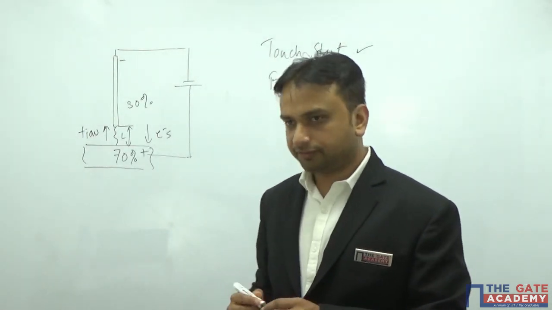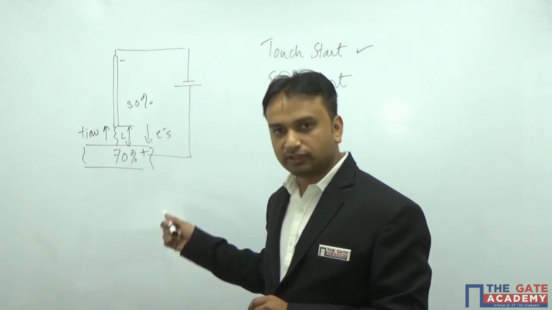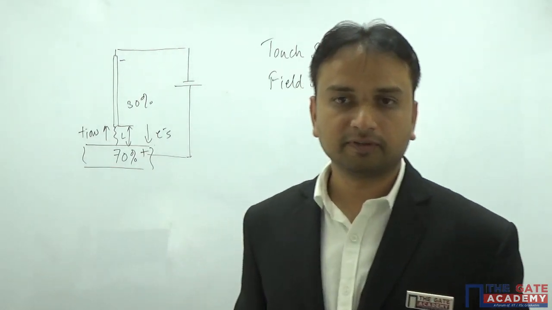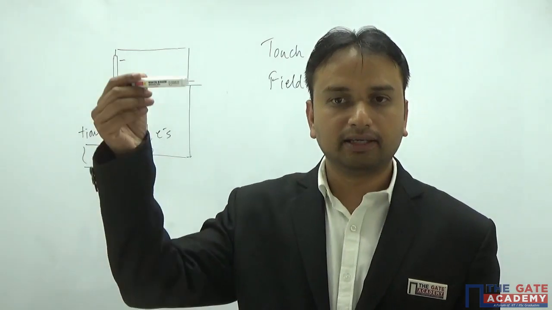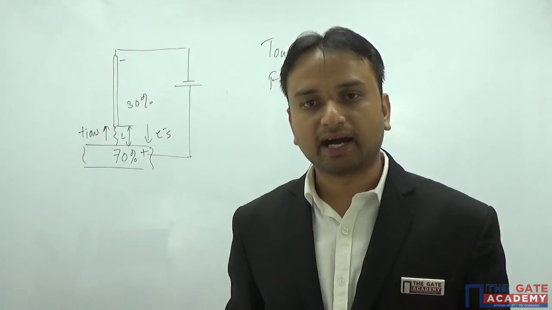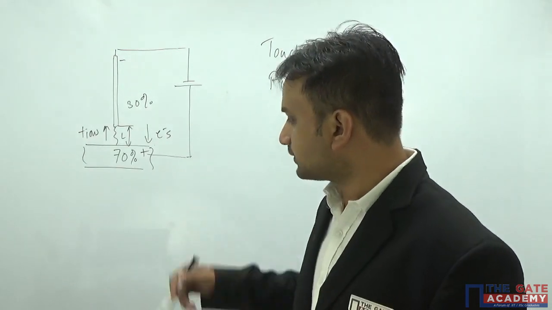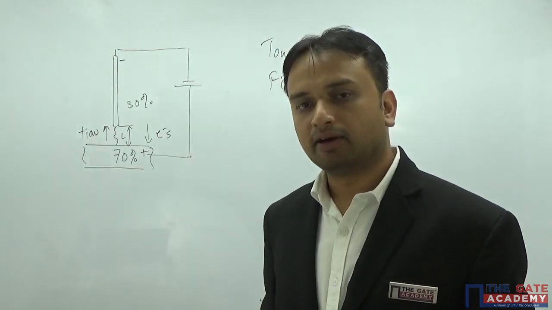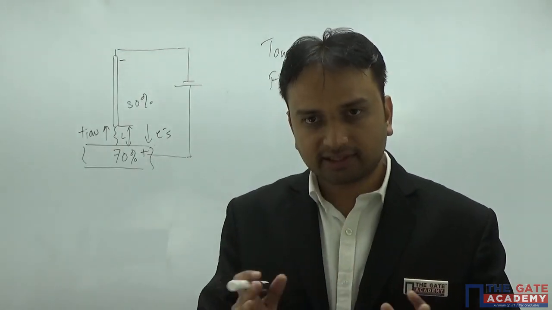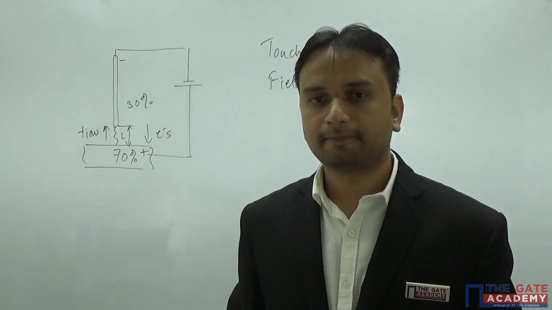So this kind of system, my friends, that you are seeing over here, where the electrode is negative, the workpiece is positive, and electrons flow from the electrode to the workpiece, the workpiece melts at a higher rate because of the 70% and 30% difference of heat. So this kind of system is known as, what is it known as?